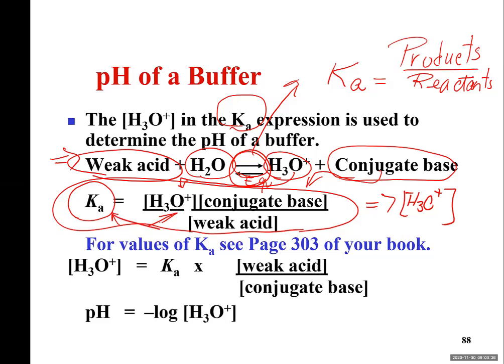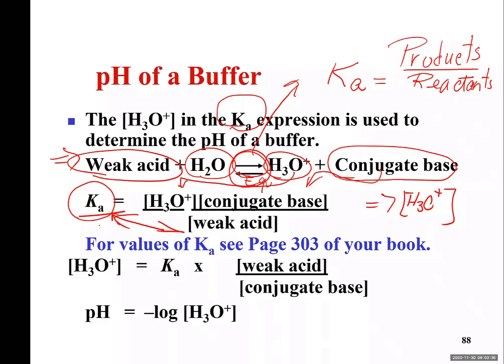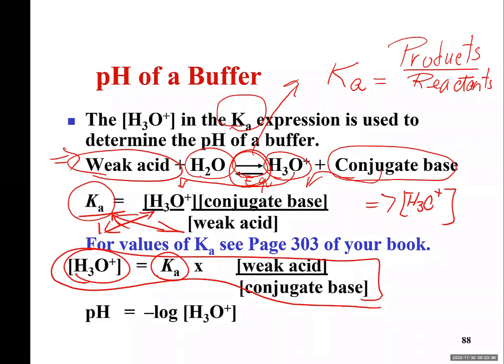If you do cross multiplication, Ka times weak acid is equal to 1 times hydronium ion concentration times conjugate base. Solve that for H3O+. This is what you're going to get. So in a buffer system, you can calculate hydronium ion concentration.